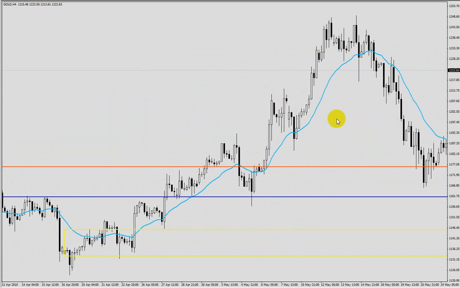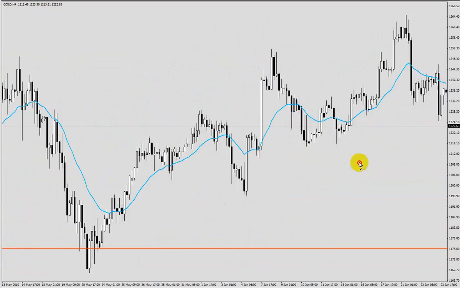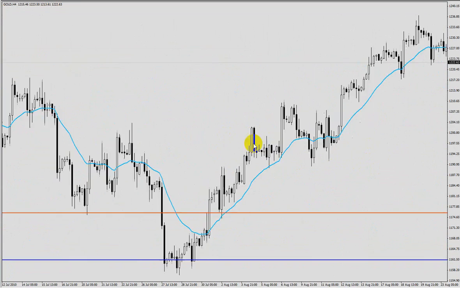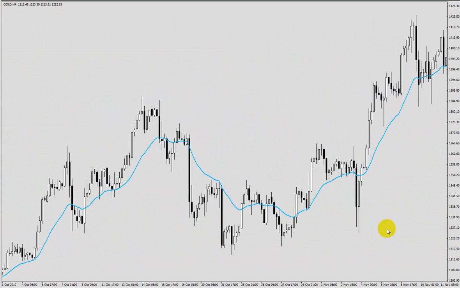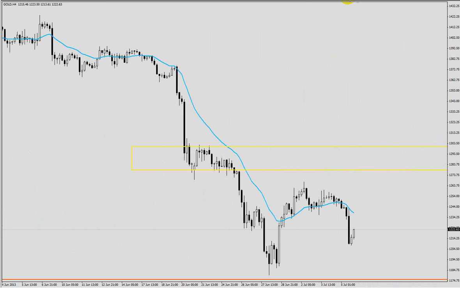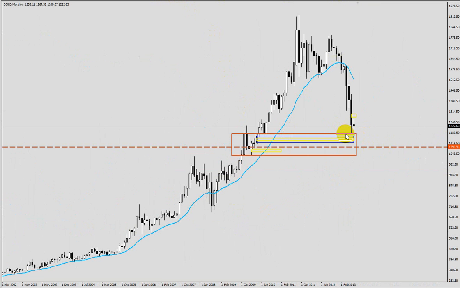So maybe it's good to build the plan based on some spikes down and to wait for this particular level. So one more time, if we are talking about the supports, the 1180 on the weekly, which has been tested, on the monthly. On the weekly, the blue line, it's something around 1160, which has been tested here as well.